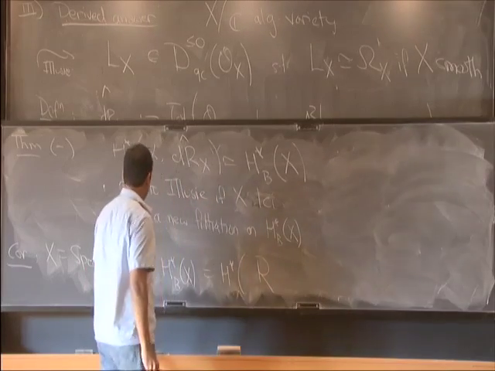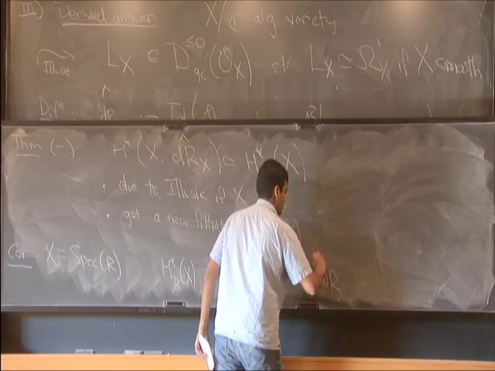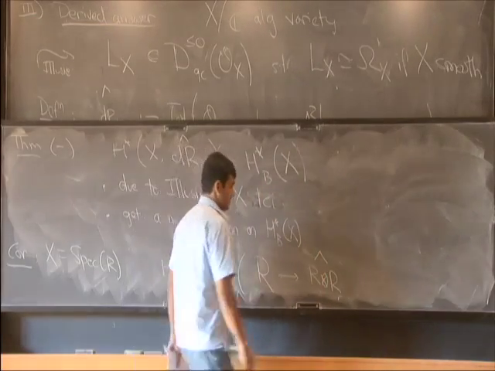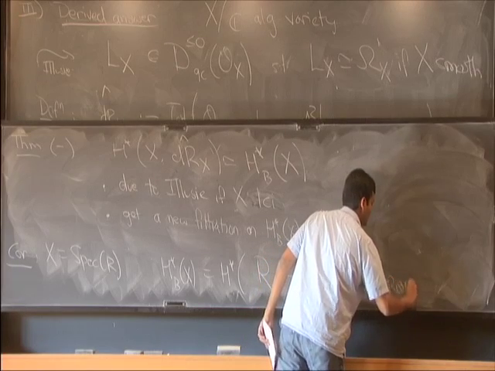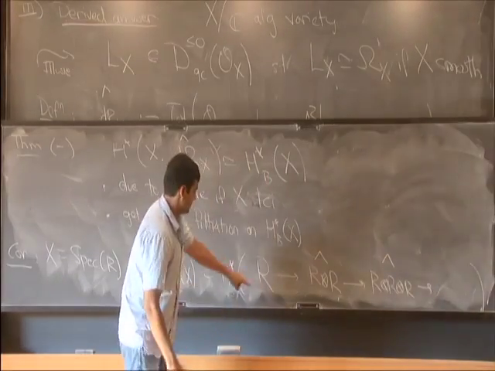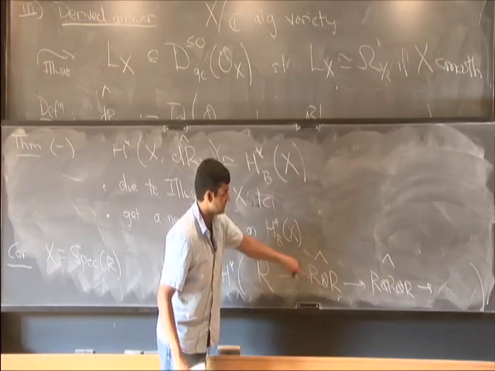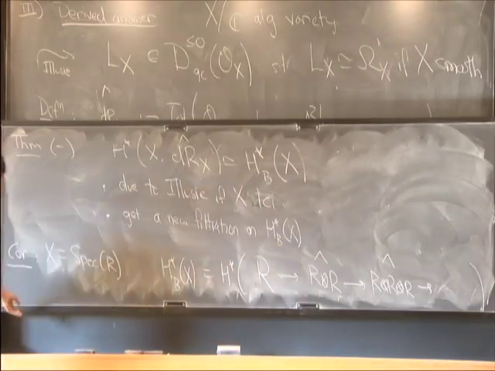So it's R in degree 0, R tensor R completed along the diagonal in degree 1, and so forth, R tensor R tensor R. And then the maps are sort of what you expect. x goes to x tensor 1 minus 1 tensor x. And then there's 3 maps here, and you take an alternating sum, and so forth.